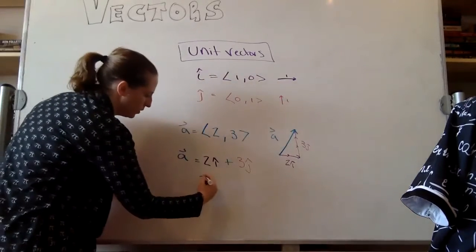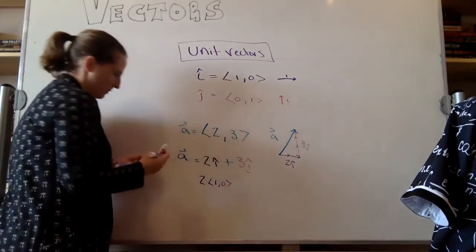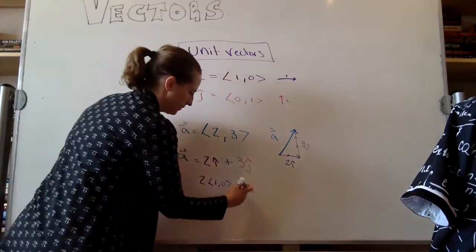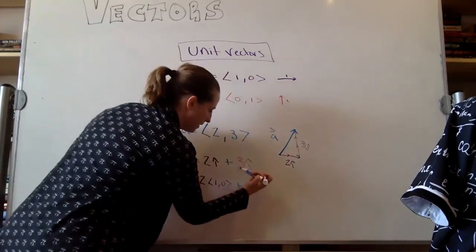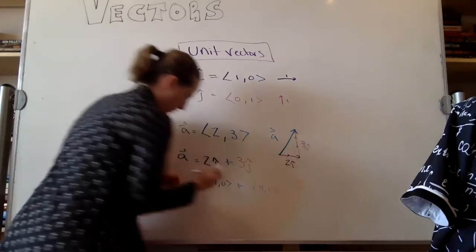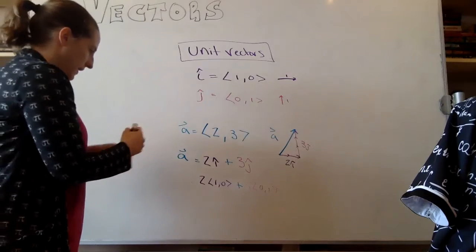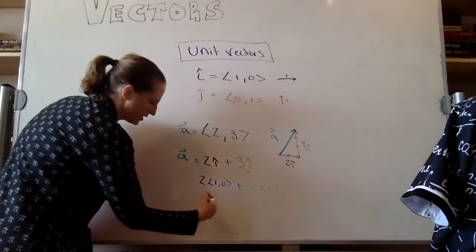That says 2 times our i hat, which is (1, 0), plus 3 times our j hat, which is (0, 1). Now, when I do scalar multiplication, that means I distribute the scalar to each term.